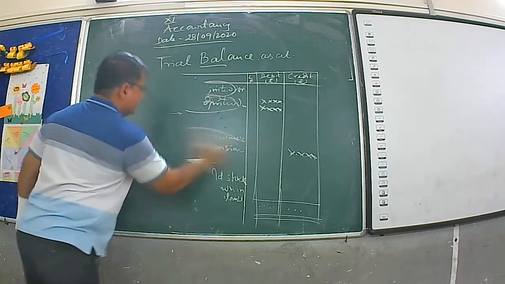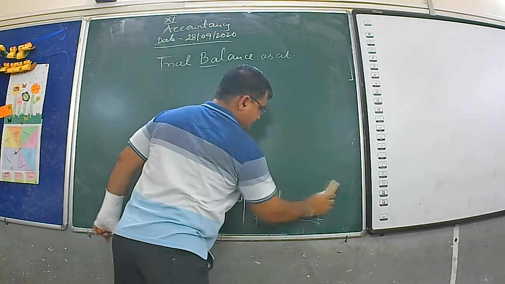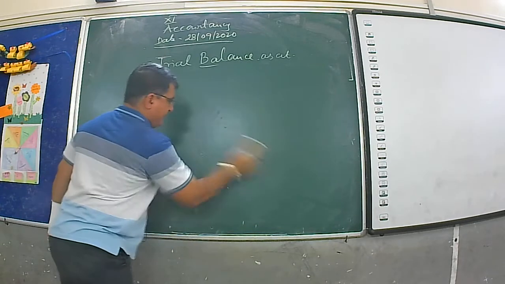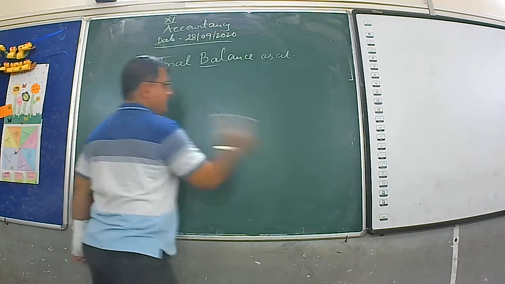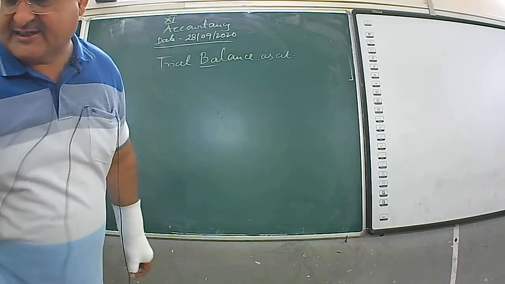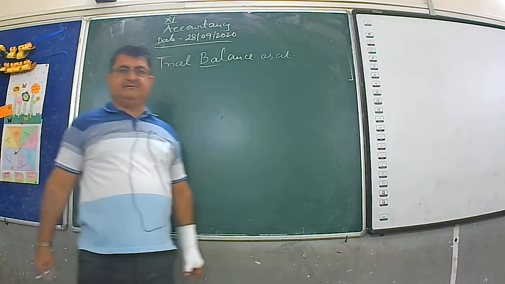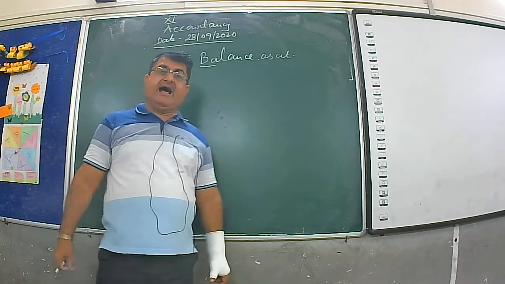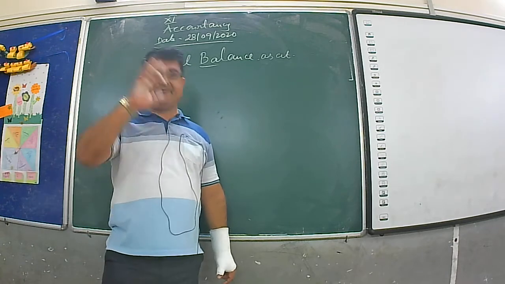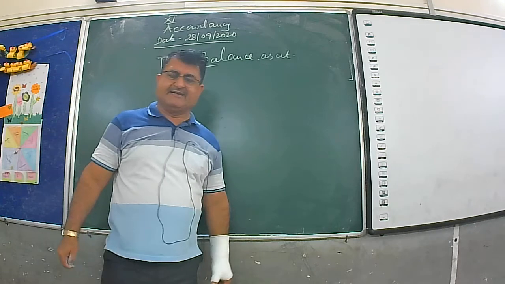There are certain errors which are not disclosed after preparing the trial balance, and these errors remain unearthed. Now it is the qualified person who tends to detect such errors and then, through passing a rectification journal entry, tends to rectify such errors. What are those?